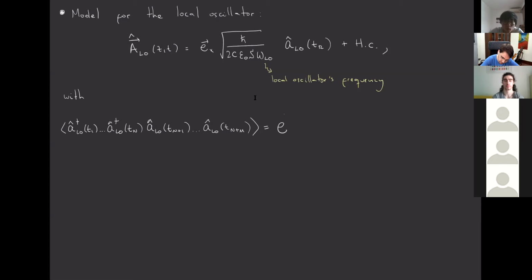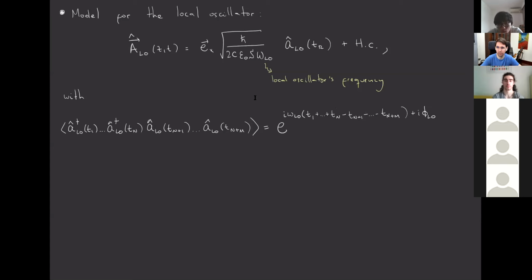So in particular, we will be able to write it in this way. So just some rotating factor, because you have some kind of coherent state rotating at the frequency omega LO, with a plus omega LO t for the A-dagger operators and a minus for the A operators, then some phase.